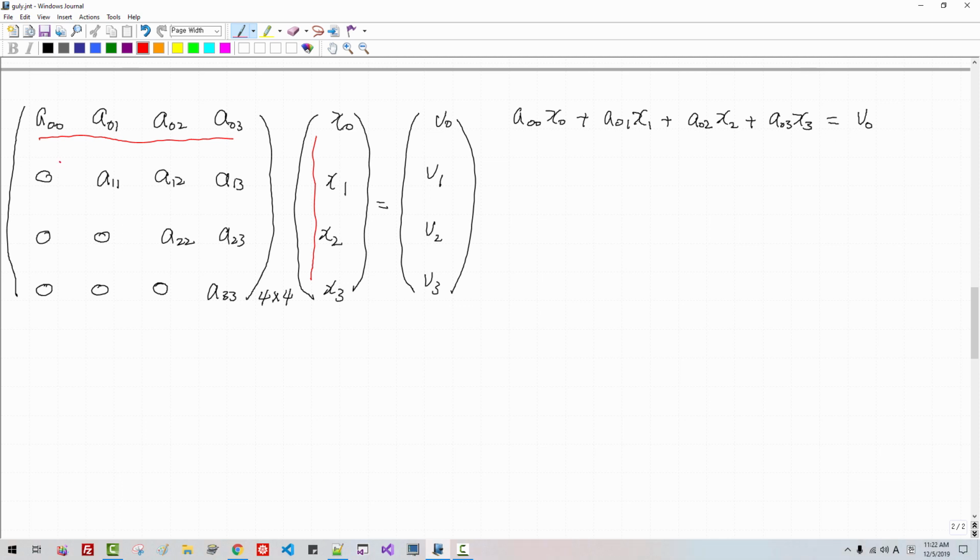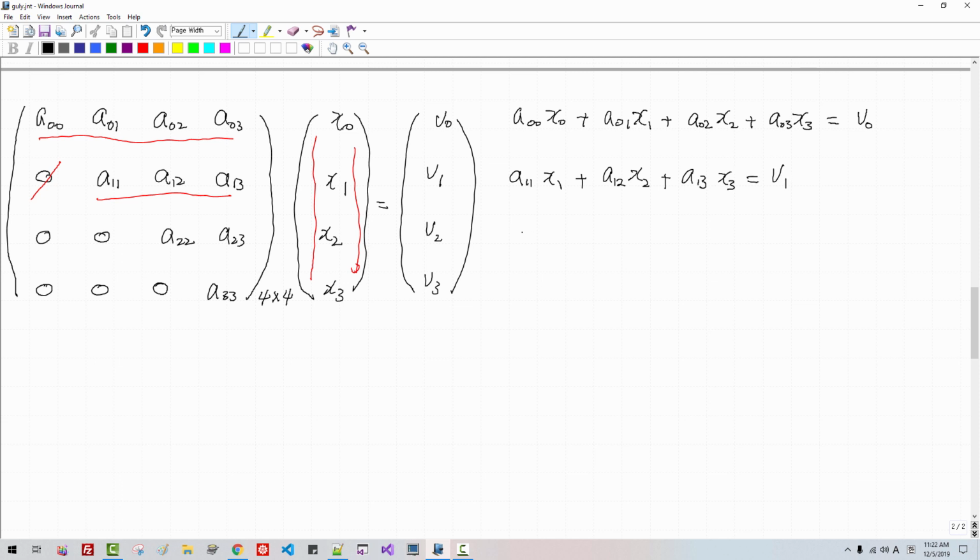Since this term is 0, if we multiply the second row with this vector again, then we have A11 X1 plus A12 X2 plus A13 X3 equals V1.